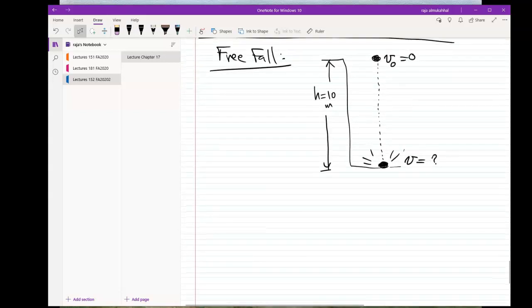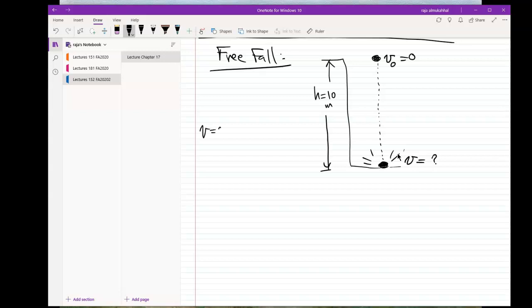How do we do this problem? Well, we can use the energy method, which we're not going to do now, or we can use kinematics. If you remember the kinematic equations, let me just write them down for you.